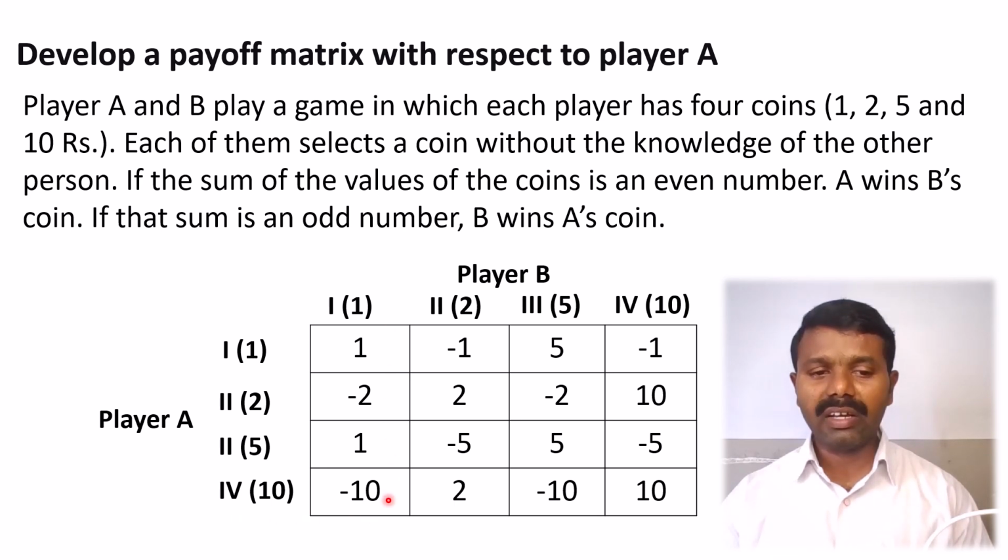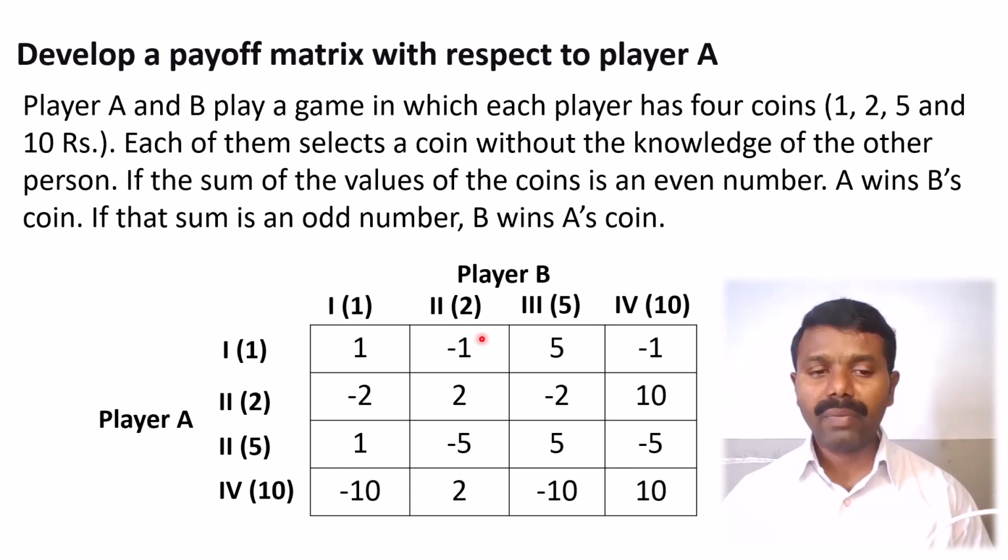If he selects 10 rupees, 10 plus 1 becomes an odd number, so he is losing 10 rupees. If he selects 2 rupees, 10 plus 2 is an even number, so he is gaining 2 rupees. If he selects 10 rupees versus 5 rupees, it becomes an odd number, so he is losing 10 rupees. Finally, if both of them select 10 rupees, he will be gaining 10 rupees.